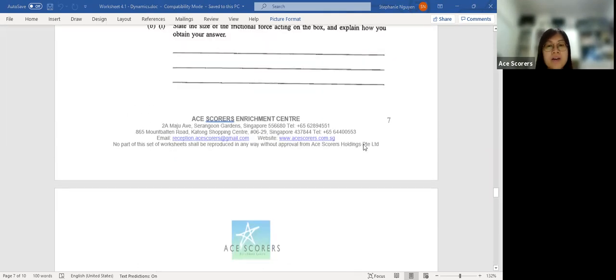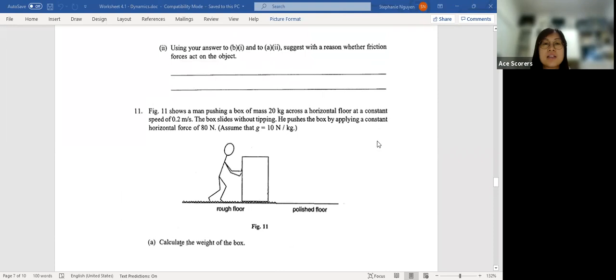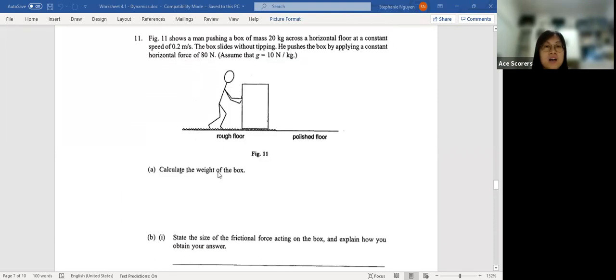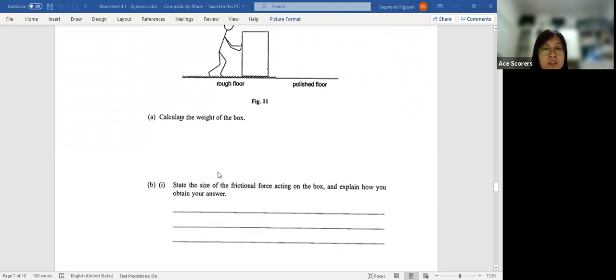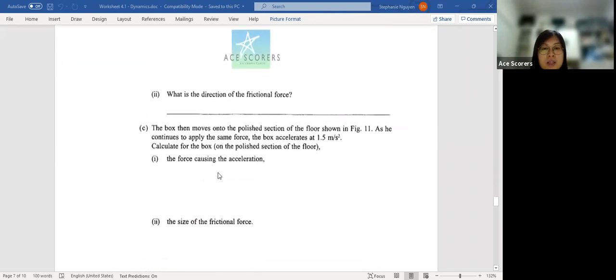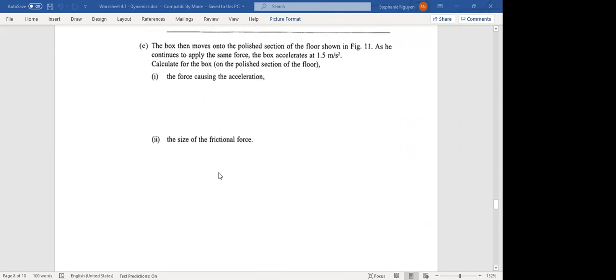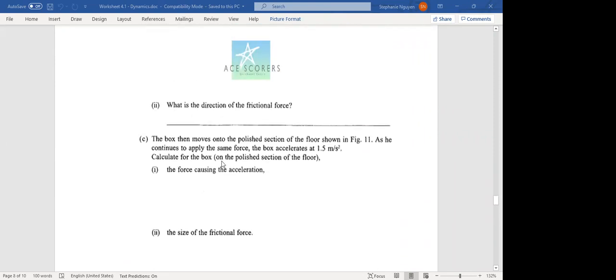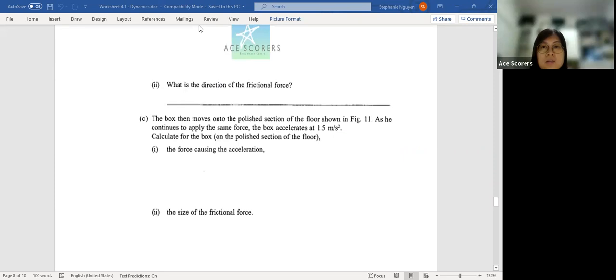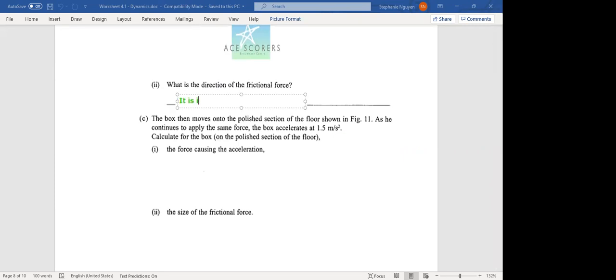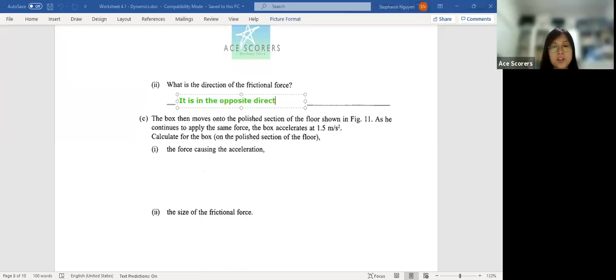Now, so what is the direction of the frictional force? It's definitely in the opposite direction, right? Opposite direction of the horizontal force of 80 Newton. Okay, let's write it down. Okay. Frictional force is always acting in the opposite direction.